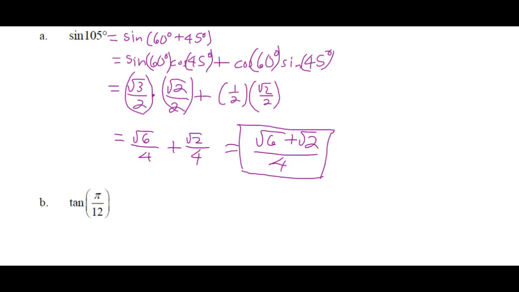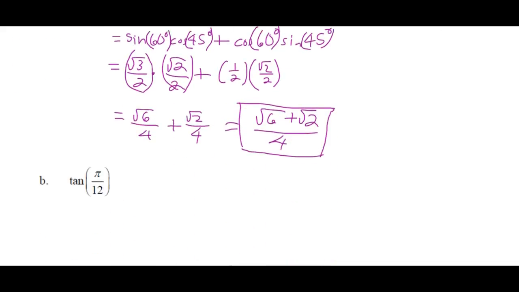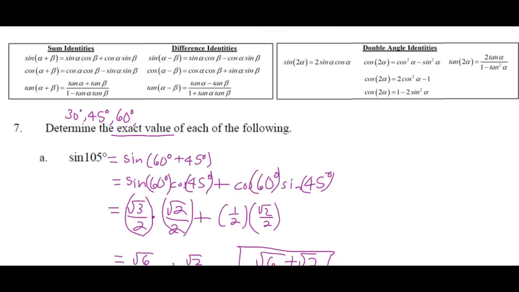The tan of pi over 12. Either I need two numbers that add to pi over 12. Now, what is pi over 12? That's pretty small, so they're probably not going to add. So I'm looking for a difference of pi over 12.